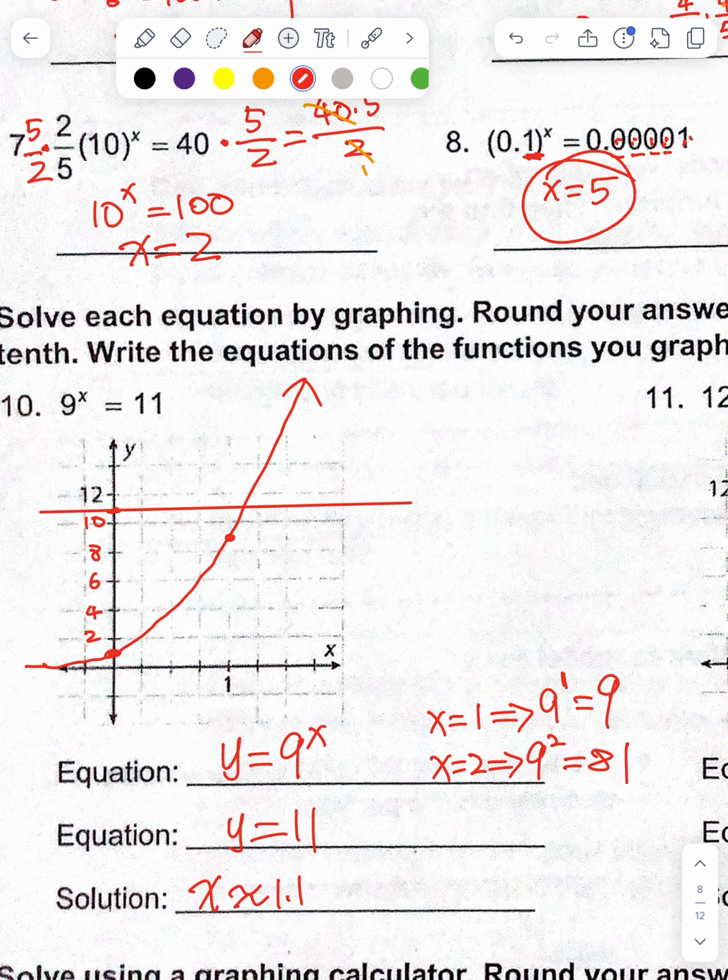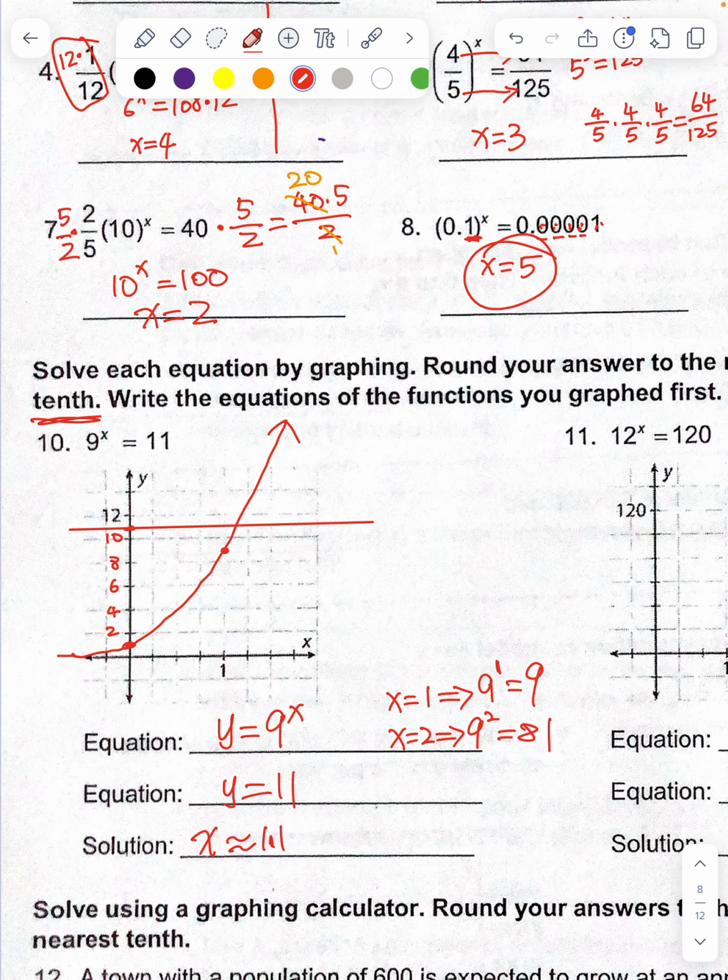We're guessing. It's a little bit more than 1, right? So if your answer is a little bit different from mine, that's okay. A little bit more than 1 is good enough. So almost 1.1, to the nearest tenth, right? Tenth means 1 digit after the decimal point.